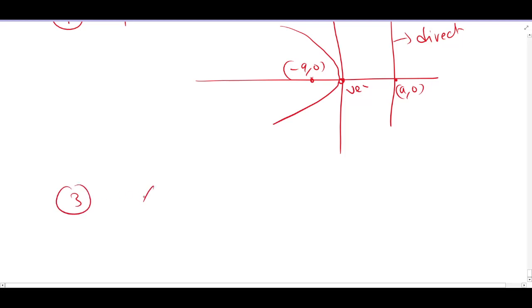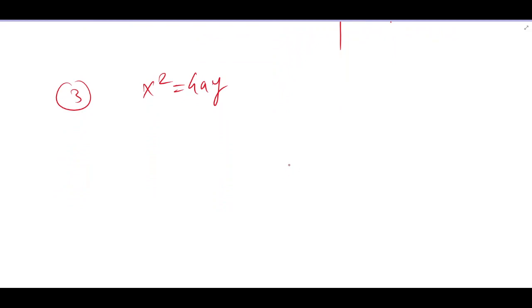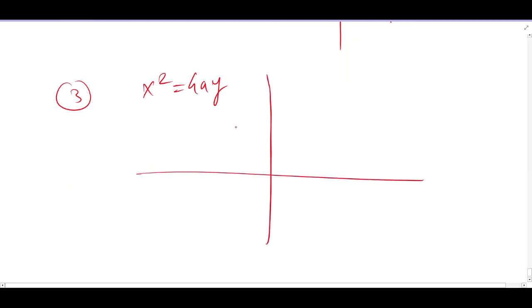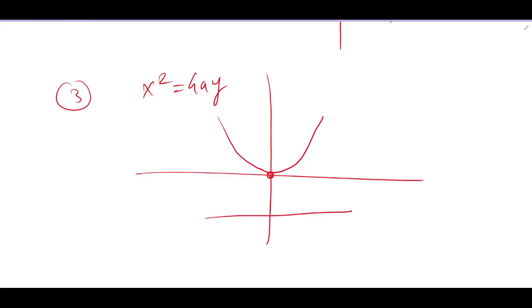Next is x square is equal to 4ay. So this is a parabola which opens upwards, where origin is a vertex and directrix is at 0 comma minus a and focus at 0 comma a. This is directrix and this is vertex.